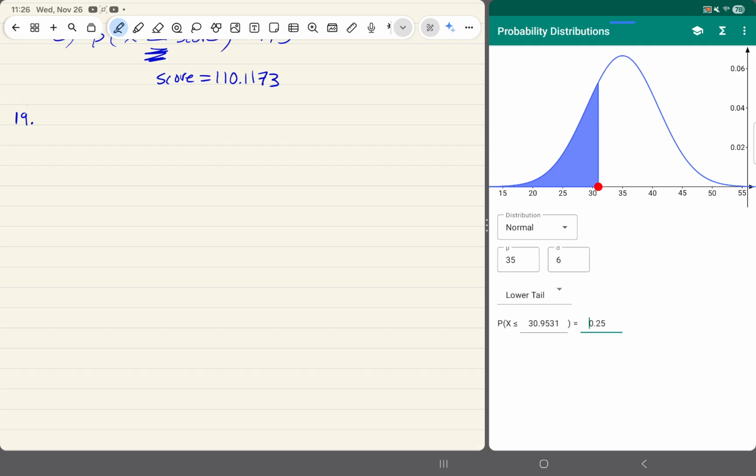The mean of that exam was 35. The standard deviation on that exam was 6.